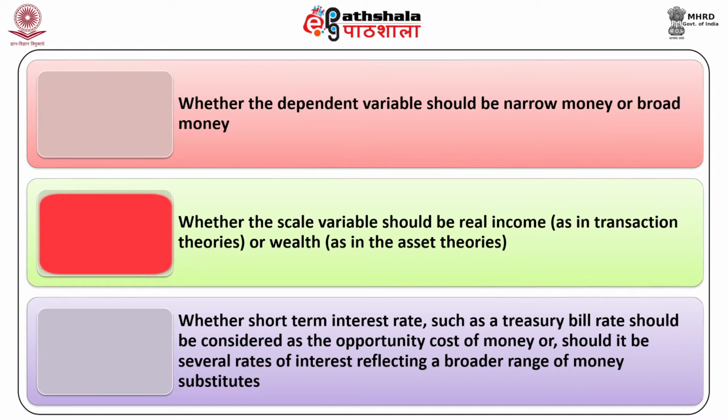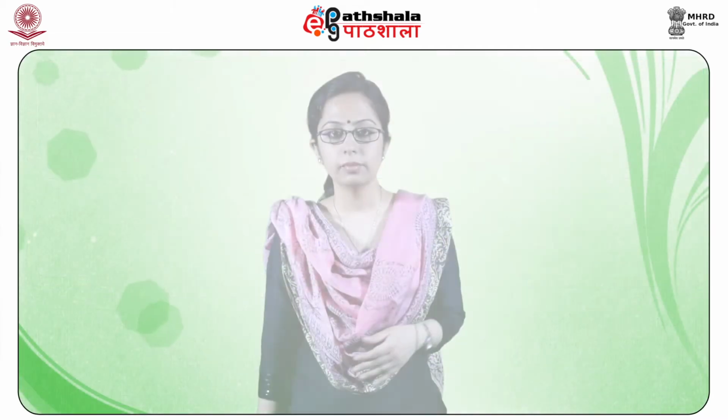Second, whether the scale variable should be real income as in transaction theories or wealth as in the asset theories. Third, whether a short-term interest rate such as a treasury bill rate as in transactions theory should be considered as the opportunity cost of money, or should it be several rates of interest reflecting a broader range of money substitutes favored by the asset theories.